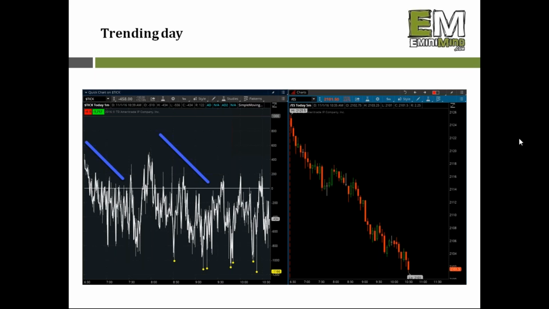And so that's another indication when we're looking at relative highs on a trending day. If you're making minus 1,000 prints, here are those little yellow dots I was talking about that signal, okay, this is a minus 1,000 or greater print.